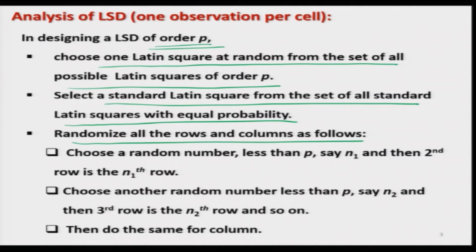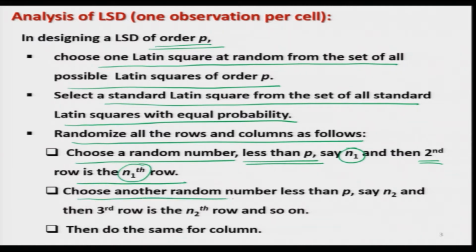So, one simple option is that, for example, we can choose a random number, say smaller than p, say n1. And now the second row becomes the n1th row, right? And then I choose another random number less than p, say n2, and then suppose the third row becomes the n2th row, and so on.